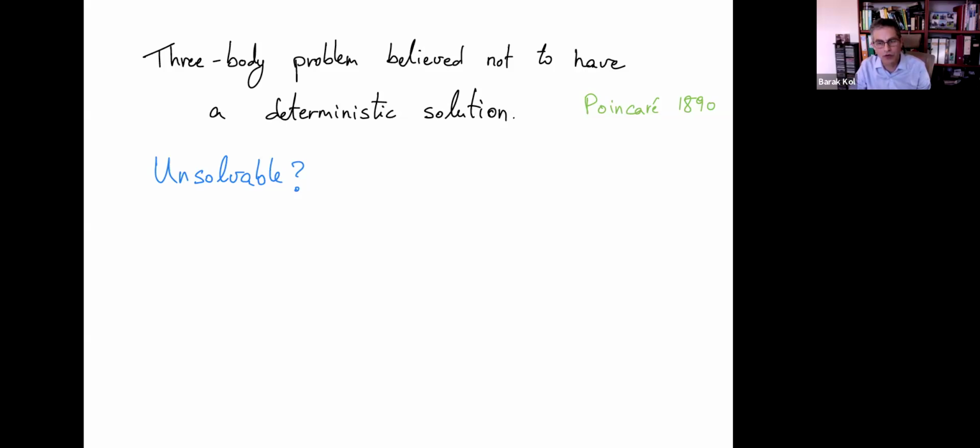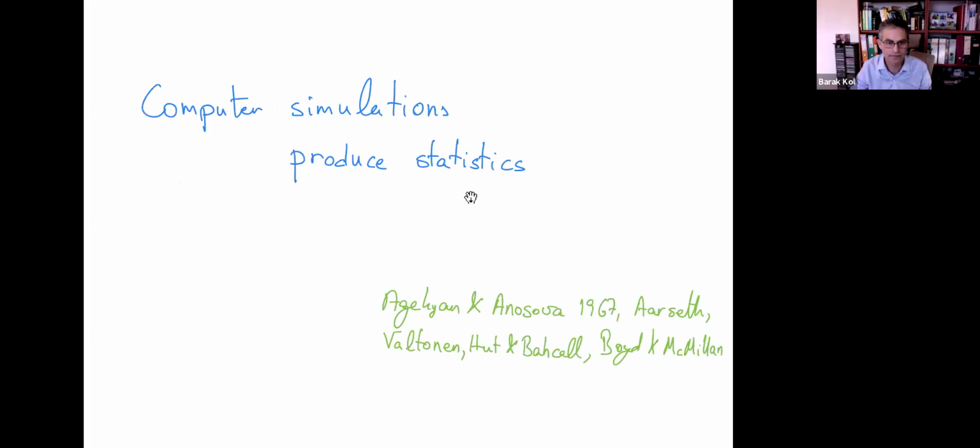So the way people took Poincaré's discovery is to say, okay, there is no solution. But in the 1960s, computers were applied to the 3-body problem, and people started looking at the statistics of what happens. Since it could not be predicted, maybe you could find statistical patterns.